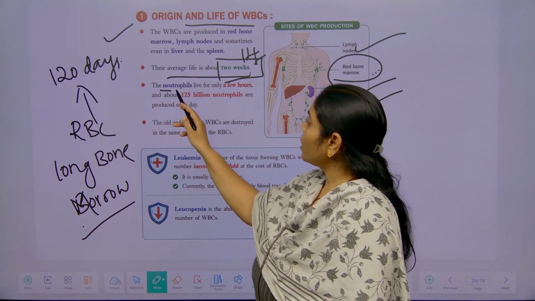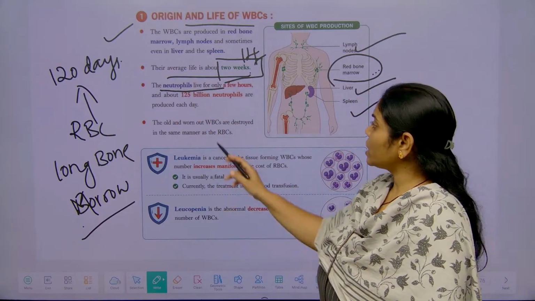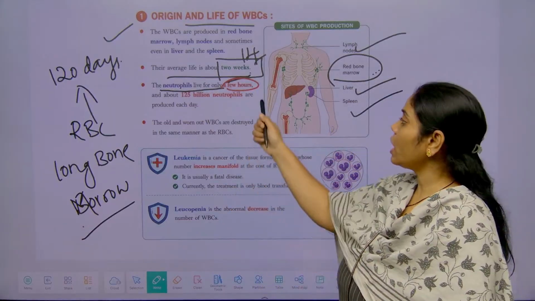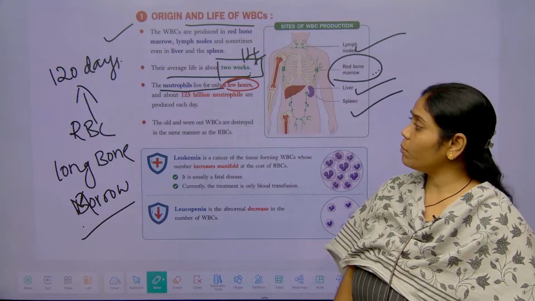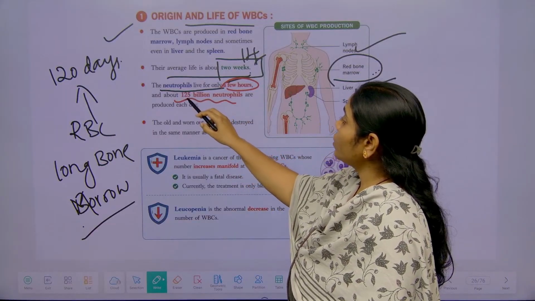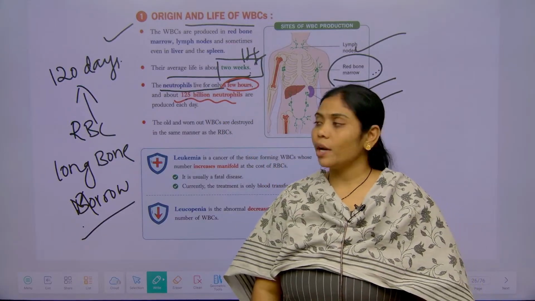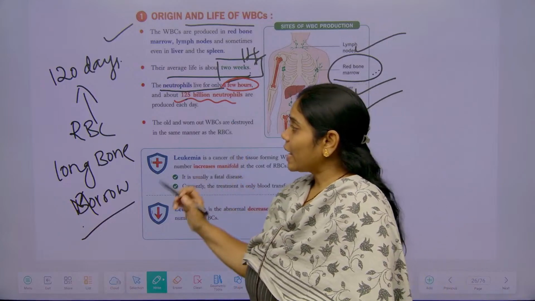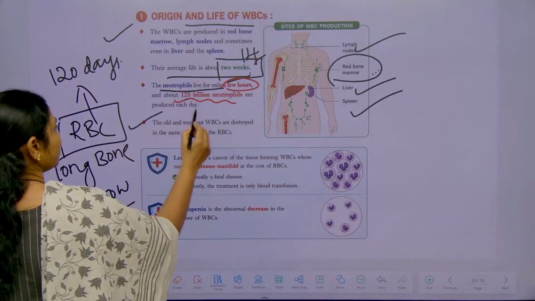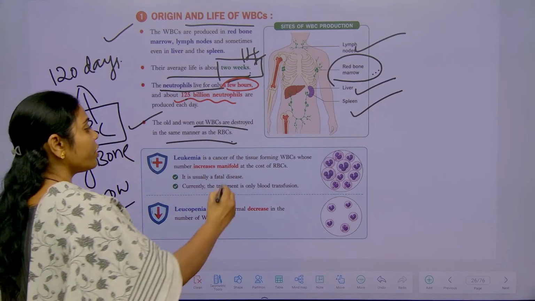Coming to the neutrophils, these are considered what? Granulocytes, right? They can live only a few hours. But their number is what? 125 billion neutrophils can be produced each day. And as we discussed, worn out WBCs and RBCs are both destroyed in the spleen.